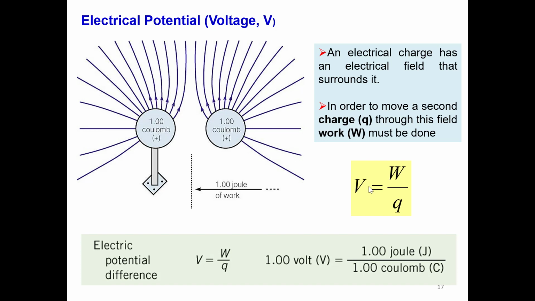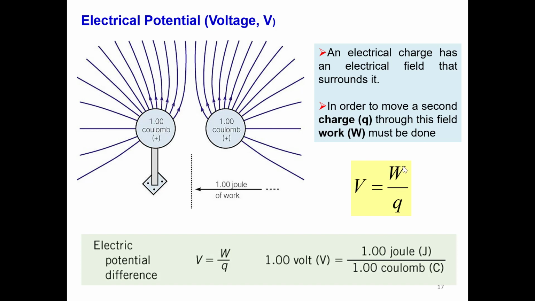We can calculate the voltage by taking how much work we need to do, divided by the magnitude of the charge we want to move. This is how we calculate the voltage or the electrical potential: the work divided by the magnitude of the charge.